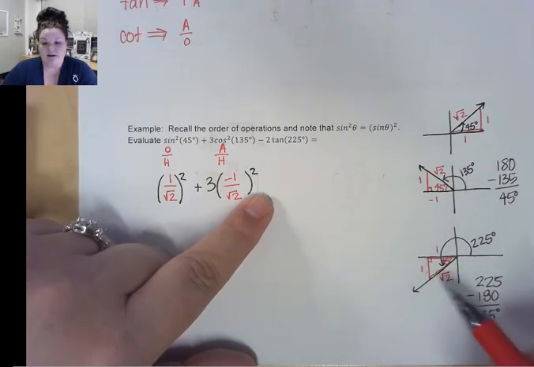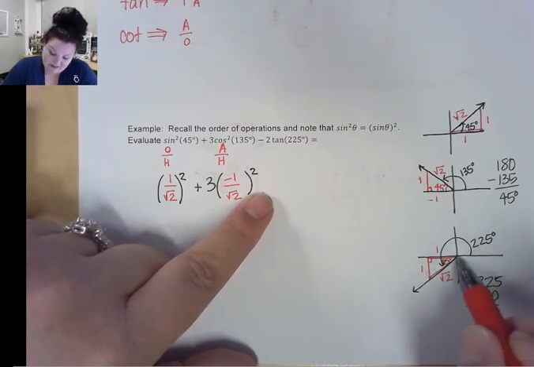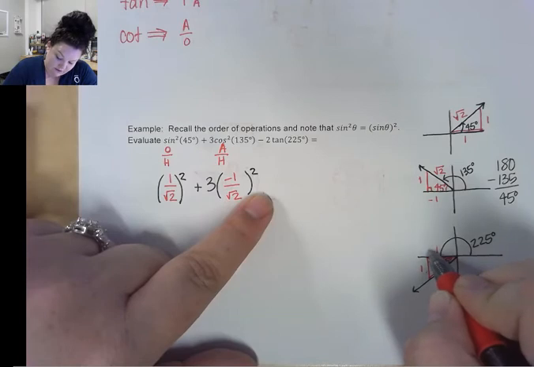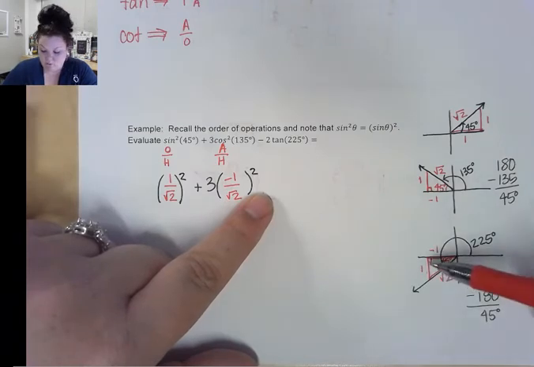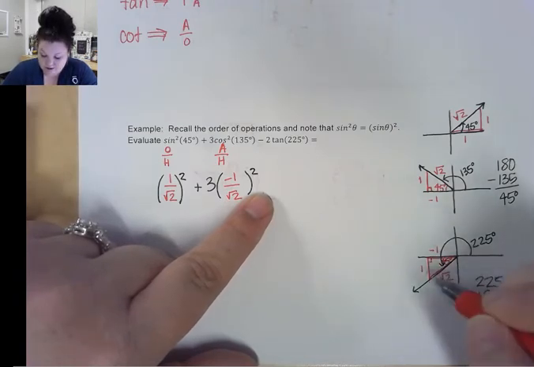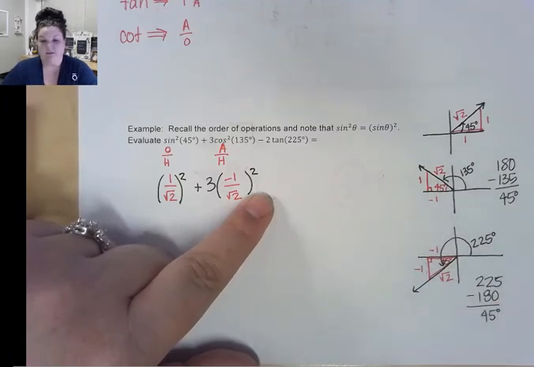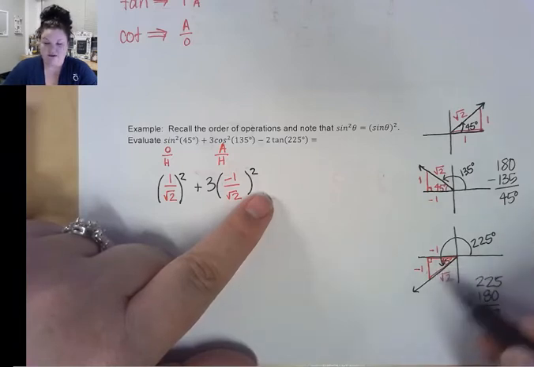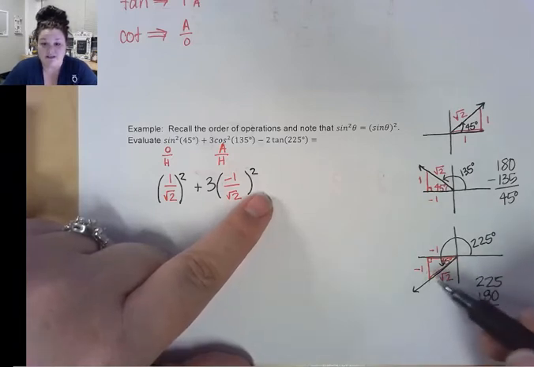And then I need to make sure my signs are correct because it's in quadrant 3. So notice my x's are negative in quadrant 3, so it should be a -1. My y is below the x-axis, so it should be negative. And then my hypotenuse is always positive. Okay. So now that we have that, what trig function do we need from that?